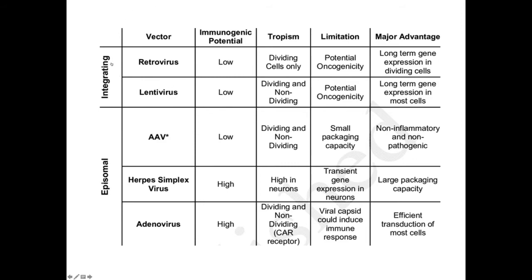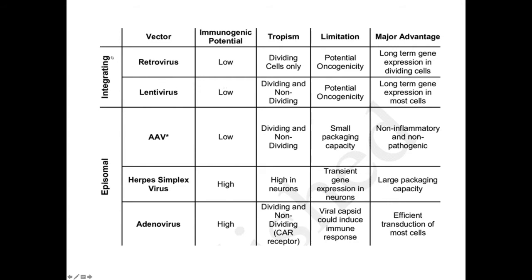If you want to use an integrating approach, you could use a retrovirus or a lentivirus. It's often thought that these are less likely to induce a strong immune response, which could be harmful. In terms of their tropism, meaning what types of cells they can go into, retroviruses usually can just go into dividing cells, although lentiviruses may go into both.